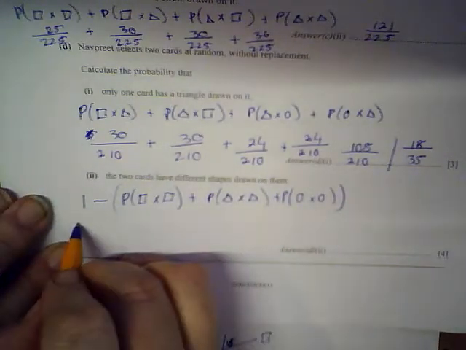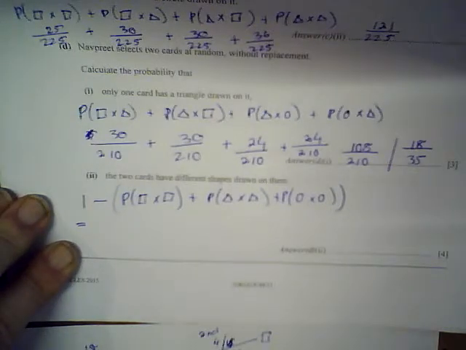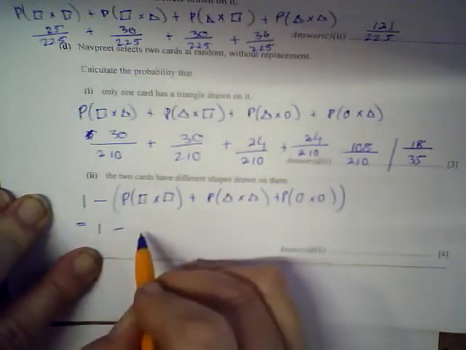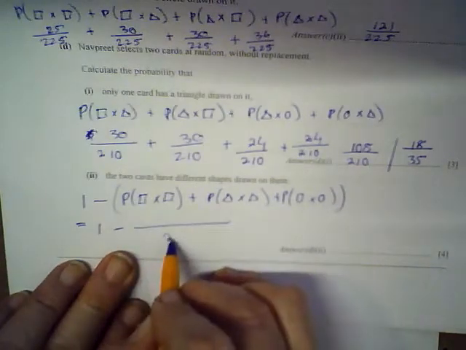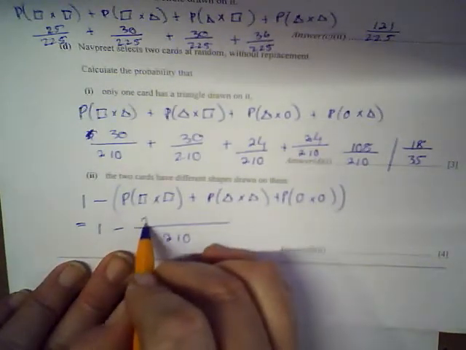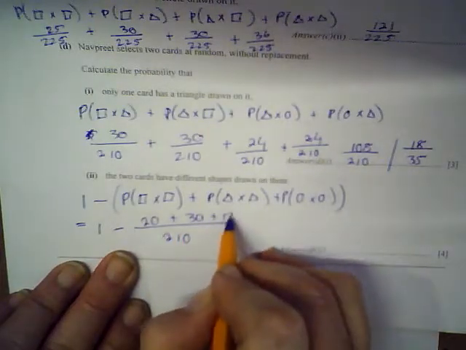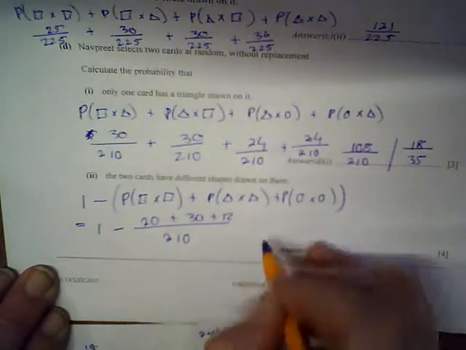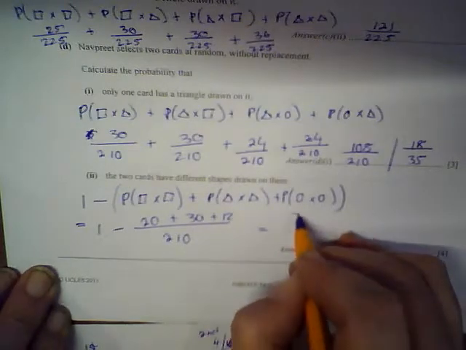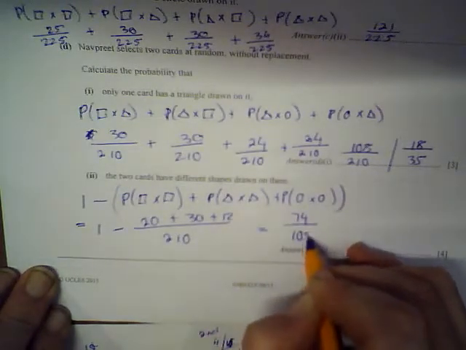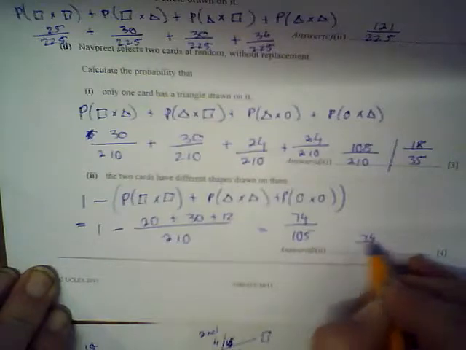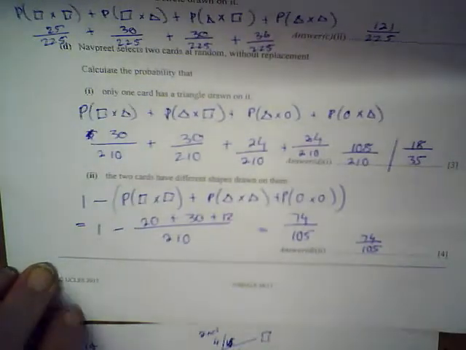Okay, and I've done this a little bit ago, so I'm just going to write down the values there. 210, that would be 20 plus 30 plus 12, and that would give me 74 over 105. Okay, good. So question 6 is done.